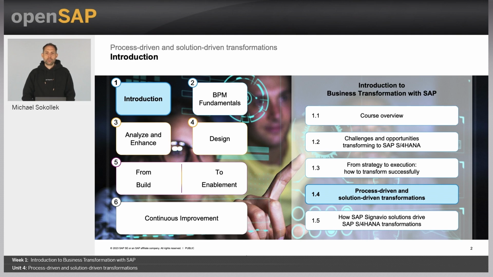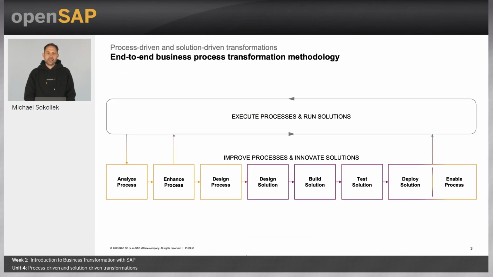We are now in the unit Process-Driven and Solution-Driven Transformations, where I will talk about in more detail how we support various types of SAP S/4HANA transformations. In the last unit, I provided you an overview of our end-to-end business process transformation methodology.